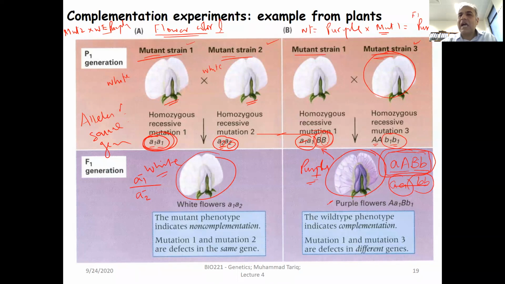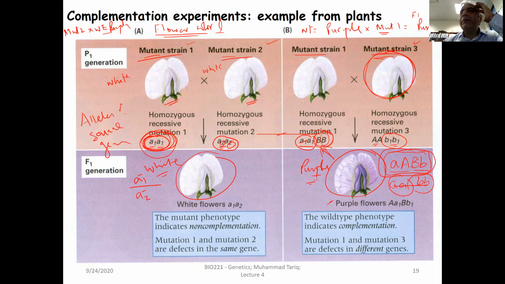Yeah. So this is now telling you that purple color is not only produced by A genes, there are other genes as well which are involved in the pigmentation pathway. And if B becomes mutant, homozygous recessive, you still can get white phenotype.